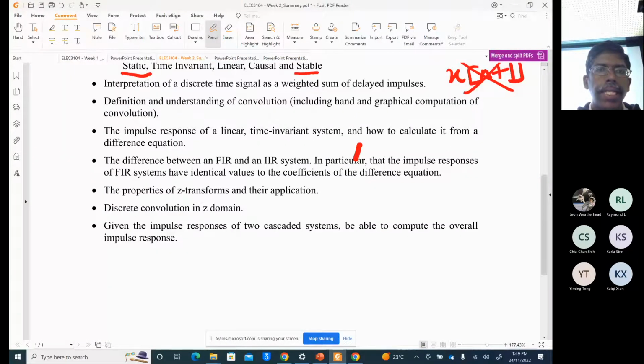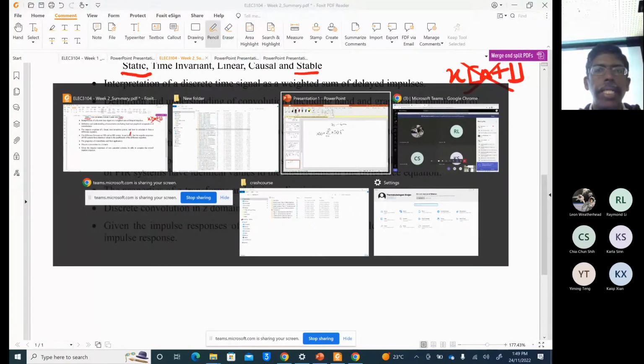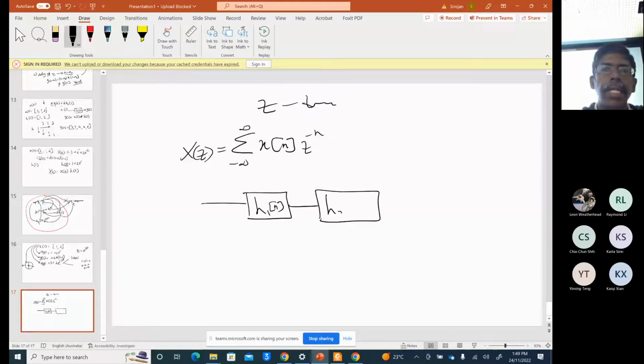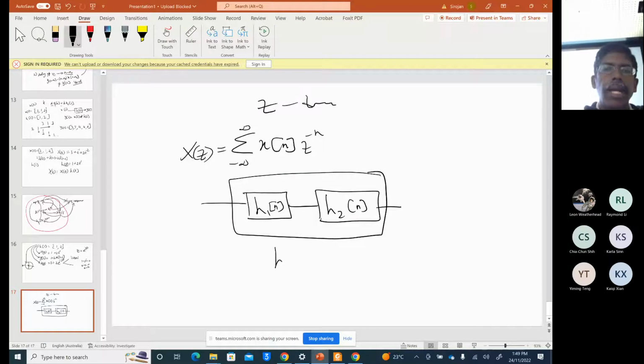Then the Z transform application: given the impulse response of 2 cascaded systems, be able to compute the overall response. So if 2 cascaded systems, then you should be able to calculate that, which is again the multiplication. So if it is h1[n] and h2[n], then the overall function is h1 convolution h2.